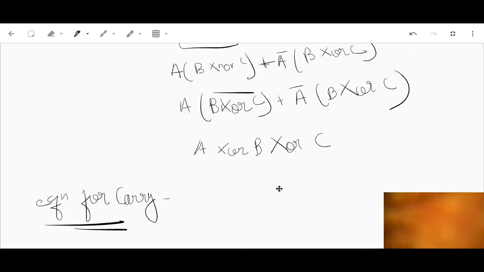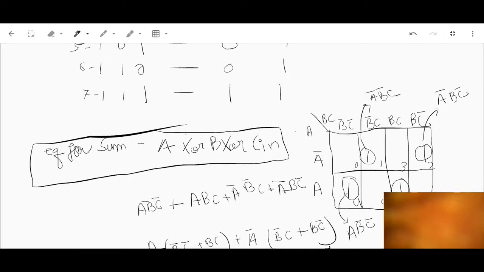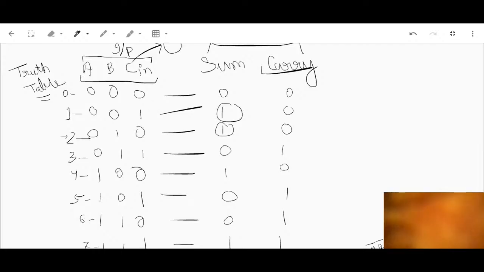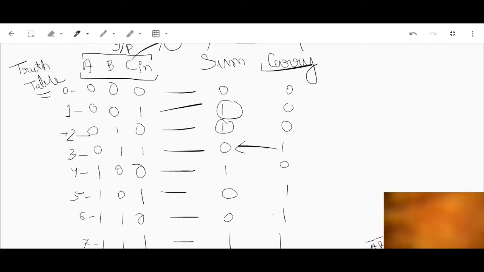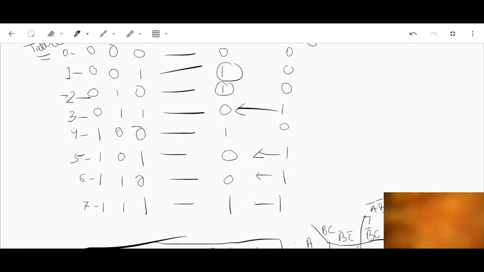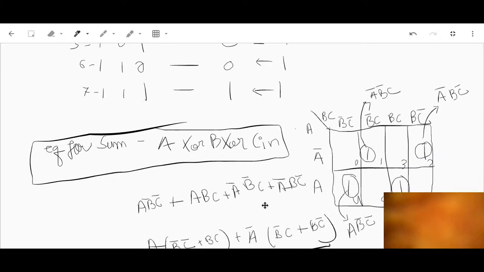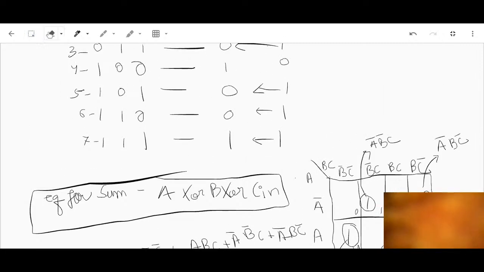I just write here only, due to time issue, I think. Yeah, if you see the one in front of 3, and here the one will be in front of 5, and then 6, and then 7. So we just erase all this, and then we'll make.